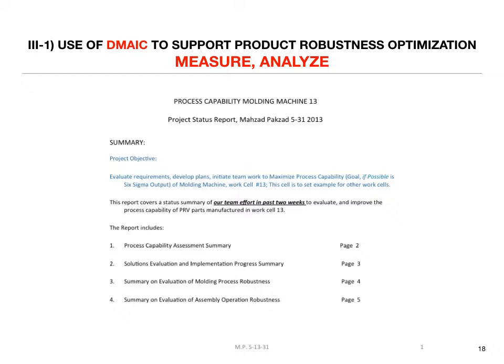The objective in this report states: evaluate requirements, develop plans, initiate teamwork to maximize process capability. The goal, if possible, is Six Sigma output of molding machine work cell number 13. This cell is to set an example for other work cells. The work cell, of course, included the automated assembly equipment.